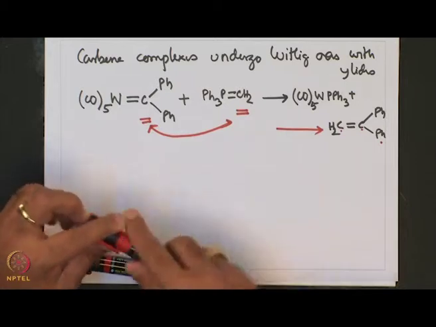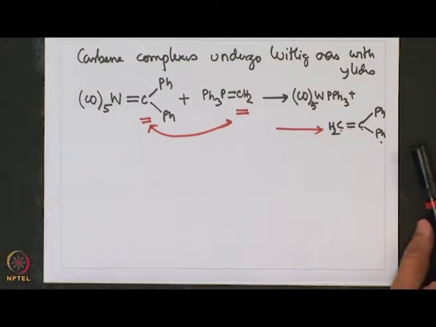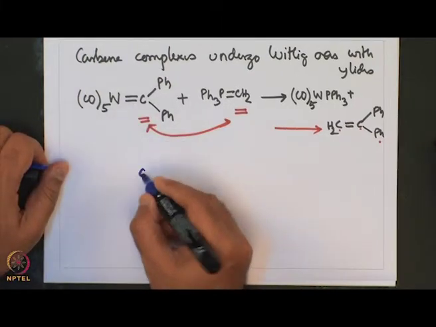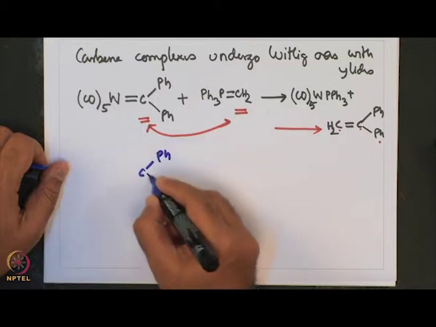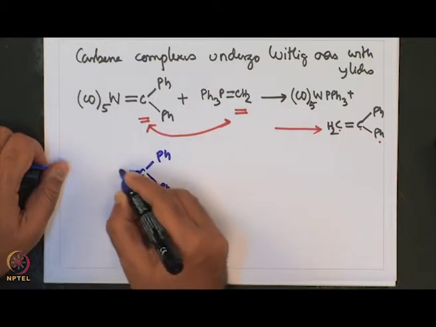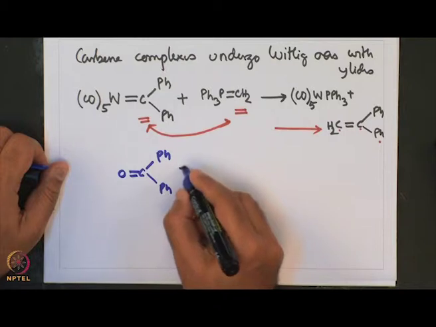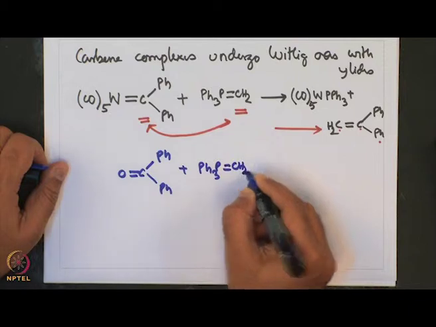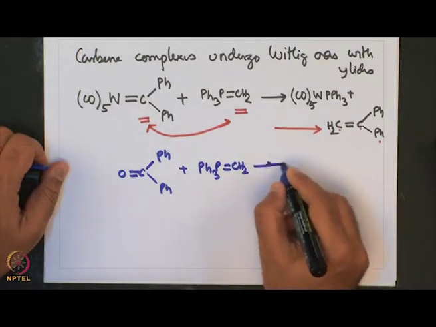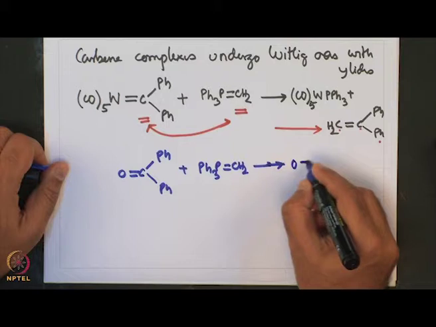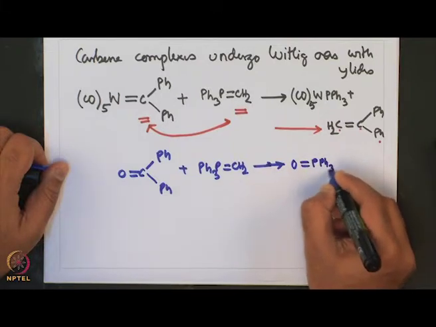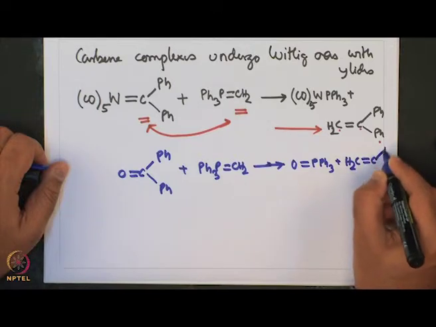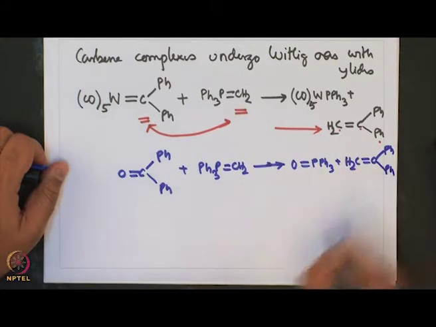Now, this is very similar to the Wittig reaction which we are aware of. For example, instead of the carbene, one can think of ketone reacting with the same reagent giving phosphine oxide plus this olefin.